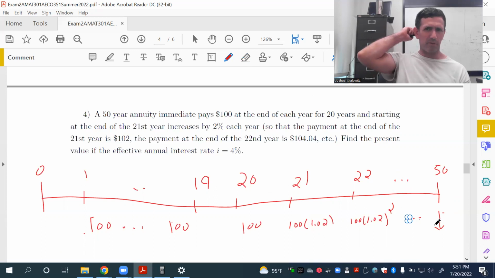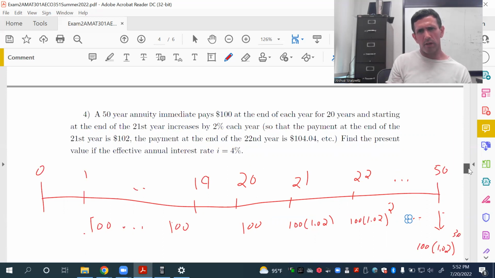This just means this is the payment here, so I don't want to cause confusion. I'm just literally running out of room here. Right, so the pattern is t equals 20, it's 100, t equals 21, 100 times 1.02, t equals 22, 100 times 1.02 squared. So whatever we add to 20 is the exponent: 0 exponent, 1 exponent, 2 exponent. So it's going to be 30 here. So the payment is 100 times 1.02 to the 30.